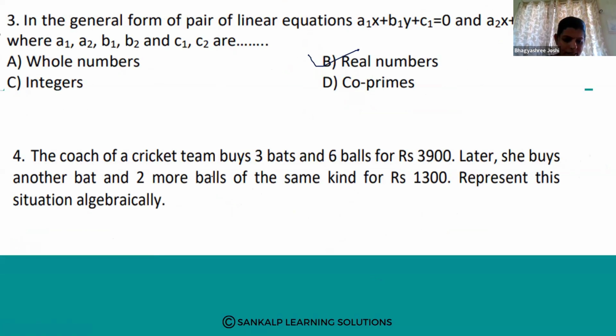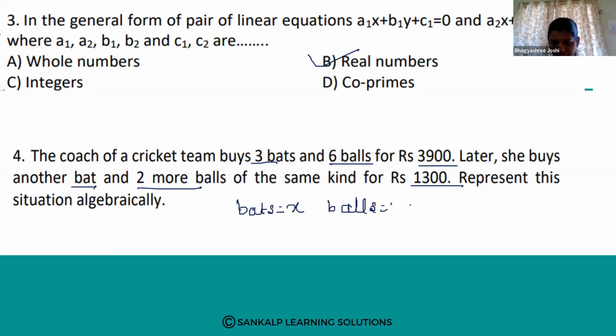The coach of a cricket team buys 3 bats and 6 balls for rupees 3,900. Later, she buys another bat and 2 more balls of the same kind for Rs 1,300. Represent this situation algebraically. Consider bats as x and balls as y.